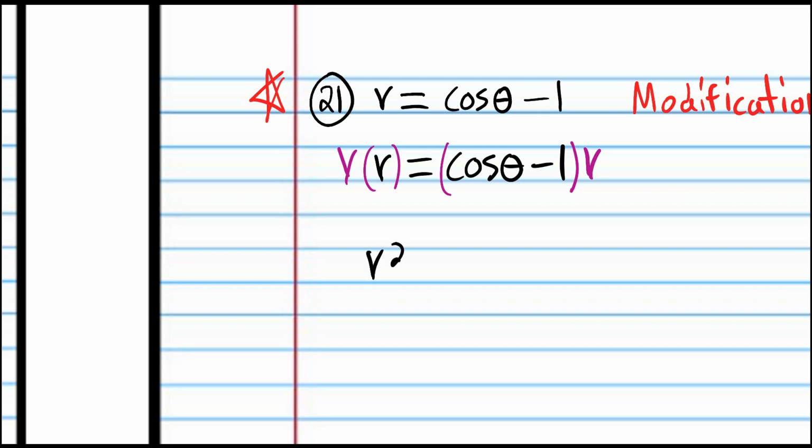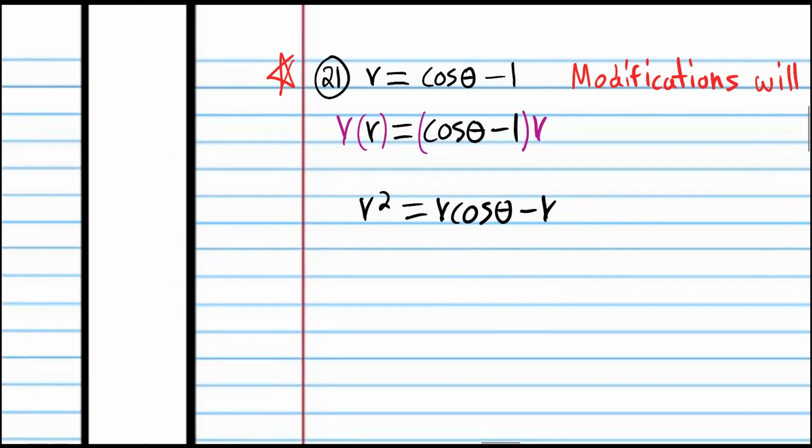So r times r is r squared. Then we have r times cosine theta, and then r. So r squared is x squared plus y squared, as we talked about. That's just the Pythagorean theorem. Now r times cosine theta, if you look at your equations, that's just x.